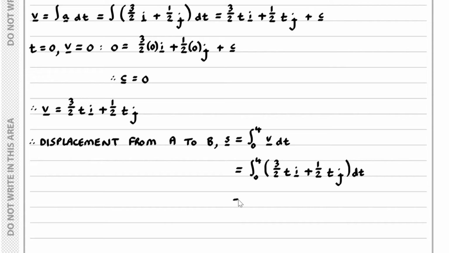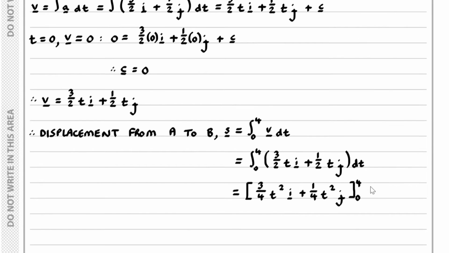And so working this out, we have 3/4 t squared i plus 1/4 t squared j, and we need to evaluate this between 0 and 4.